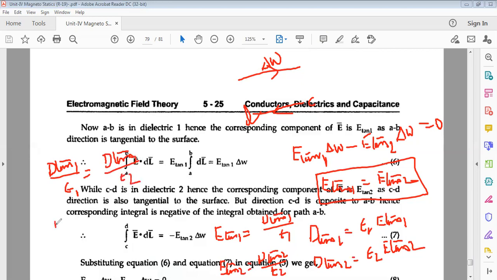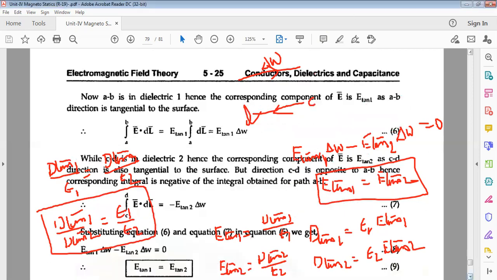Cross multiplying, the ratio D tan 1 by D tan 2 is equal to epsilon 1 by epsilon 2. Got it, my dear students?